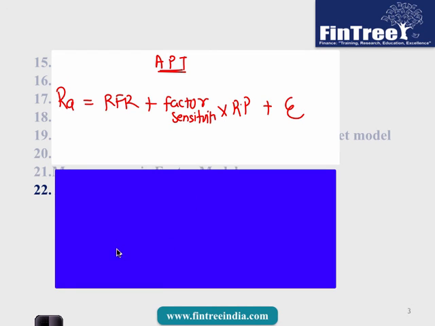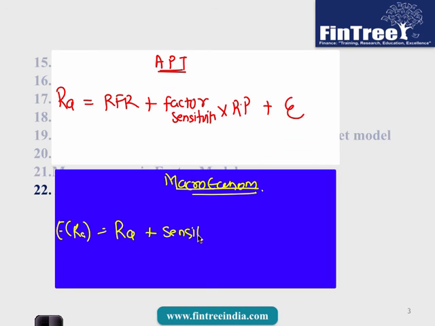Now in the case of the macroeconomic factor model, we will say the expected return on that particular asset A is equal to the expected return plus the sensitivity to the macroeconomic variable into the shock, for whatever number of factors you've chosen.